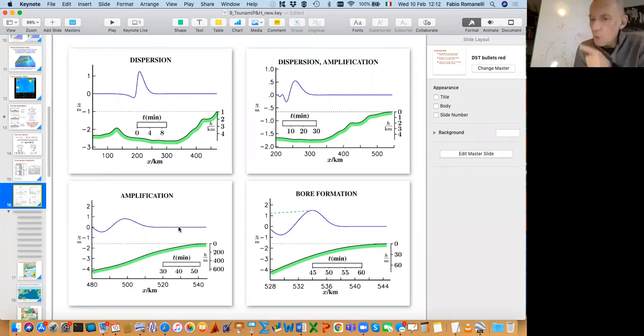Because if it is getting slower, due to Snell's law, the ray, that is the direction perpendicular to the wavefront, whatever the direction of the waves compared to the seashore, the ray is getting parallel to the normal. Why? Because of Snell's law. If velocity is getting slower, the refraction angle is getting smaller, and so the wave will arrive in the end parallel to the coastline. But what is very important here is the amplification due to the shoaling effect.